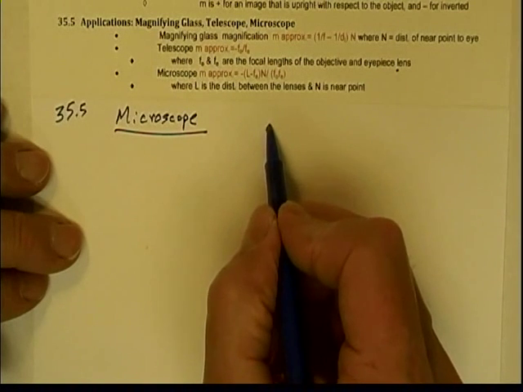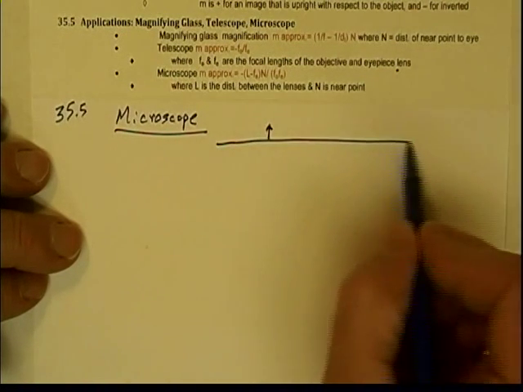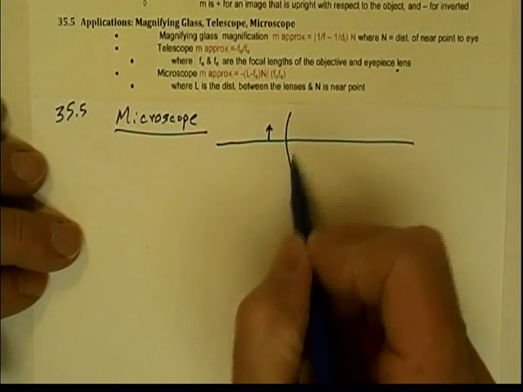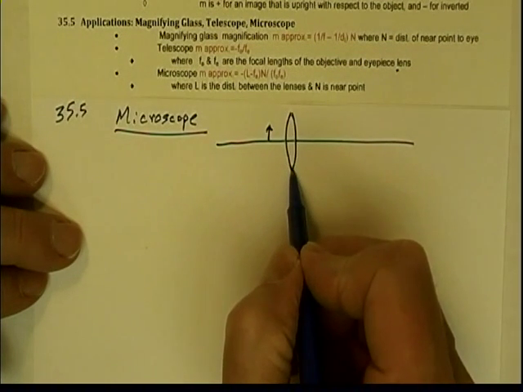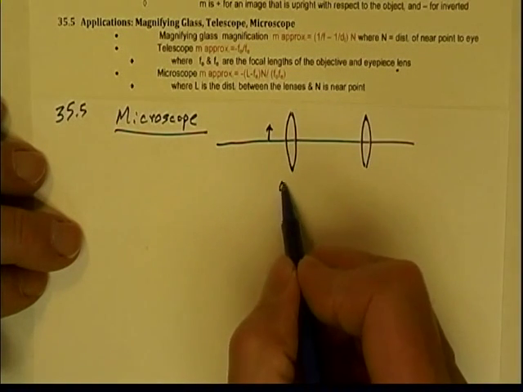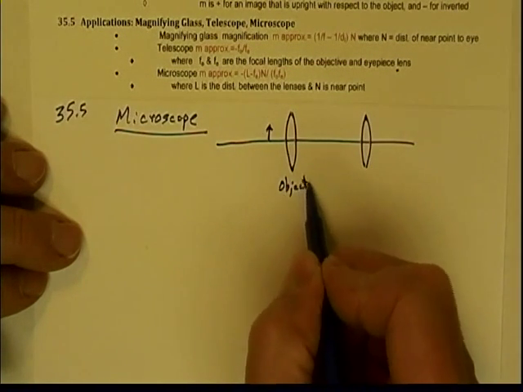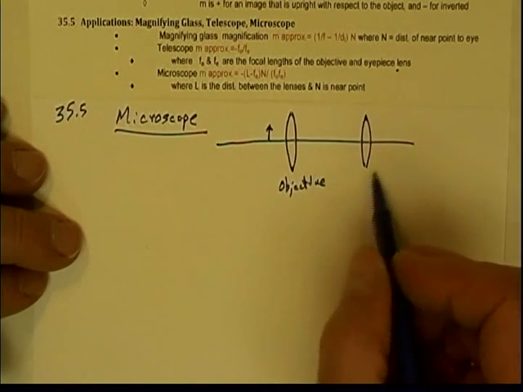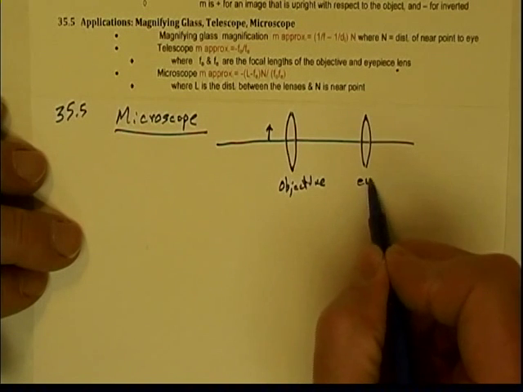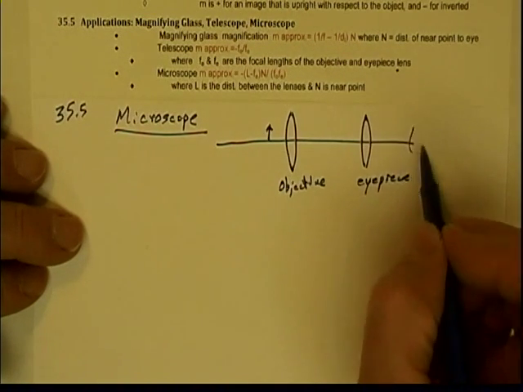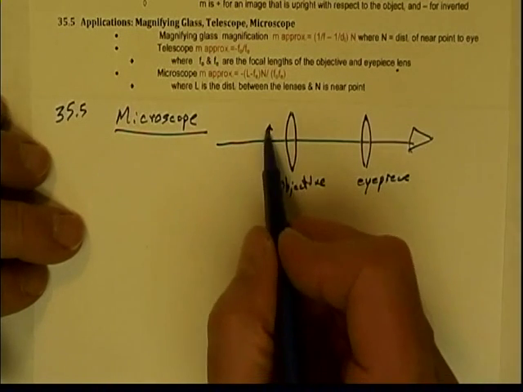Rather than being almost infinitely far away, we're going to take something that's very close. Then we're going to put an objective lens here and an eyepiece lens here. The objective lens is used to collect and begin to bring the light together, to begin to focus it. And of course back here we have the eye that's going to observe.